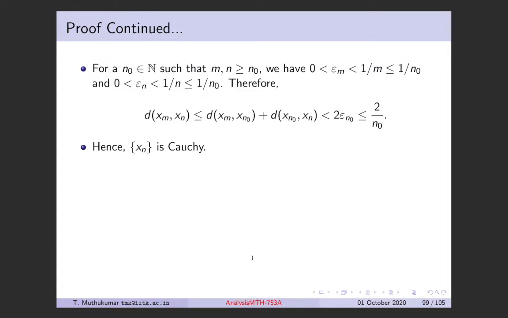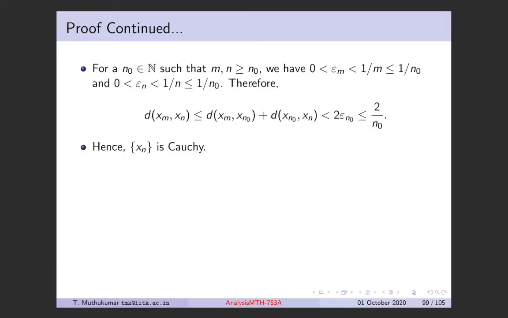Now for any n naught, you choose m, n which are bigger than n naught. Because m, n are bigger than n naught, 1 over m is less than 1 over n naught, and 1 over n is less than 1 over n naught. By the way we chose the sequence, epsilon m was less than 1 over m and epsilon n was less than 1 over n.